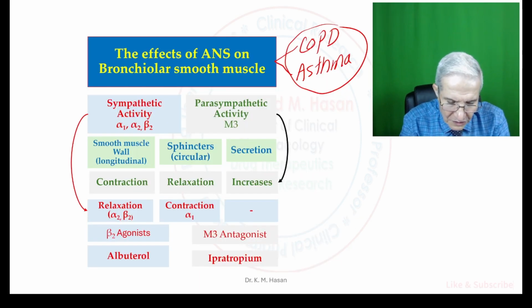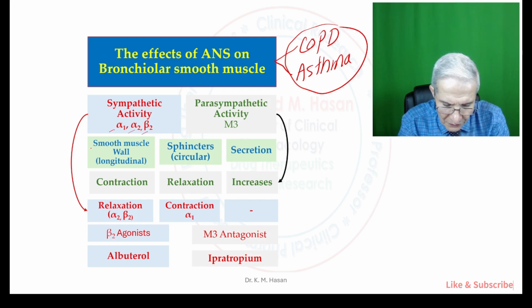Okay, so in the sympathetic nervous system and the bronchial tree, we have alpha 1, alpha 2, and beta 2, available in the smooth muscle wall, the longitudinal muscle, where we don't have any effect here.